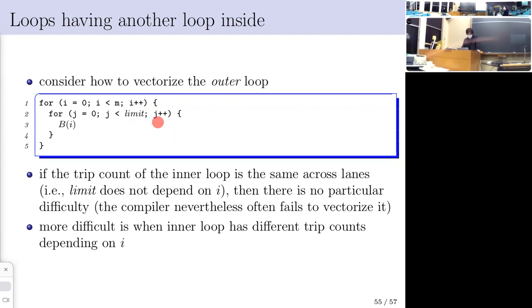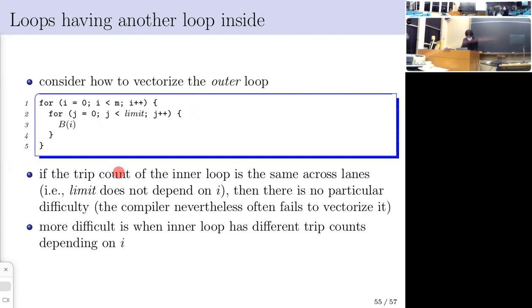So I think it's very useful to be able to manually vectorize this outer loop by yourself, especially when this limit is loop invariant, so it doesn't depend on I. In that case, you simply execute this for loop, and each time you execute this body, you simply execute consecutive iterations using simple instructions.